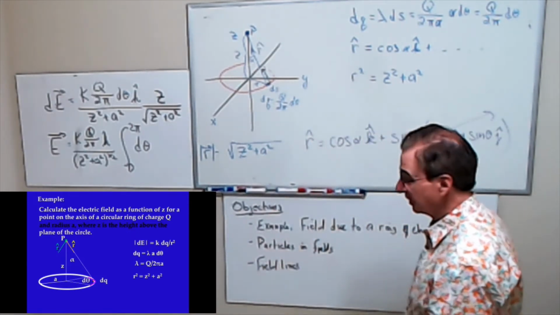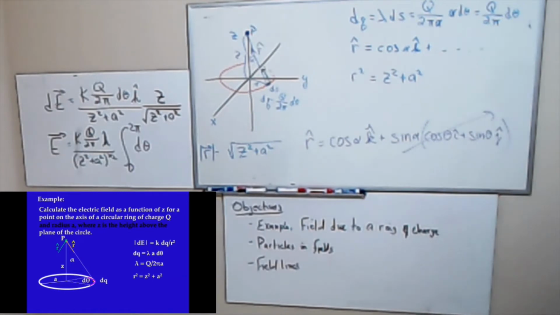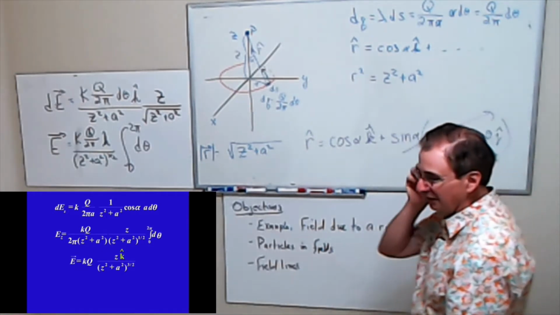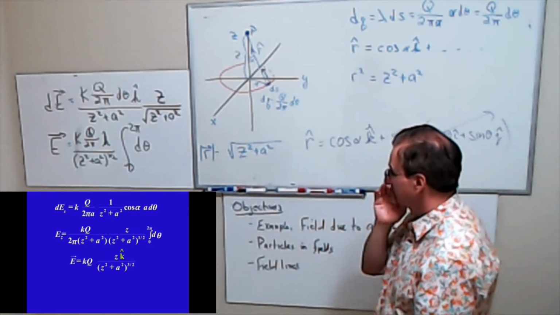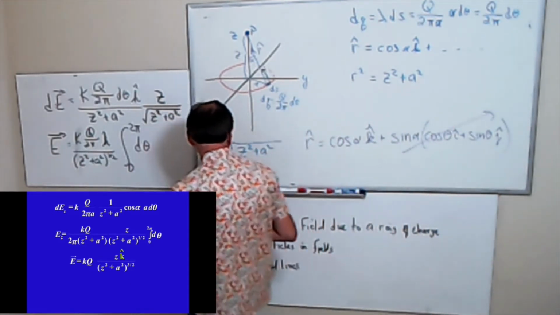Okay, so that's what I'm trying to integrate. When you integrate d theta from 0 to pi, you get 2 pi, which will cancel with this 2 pi.